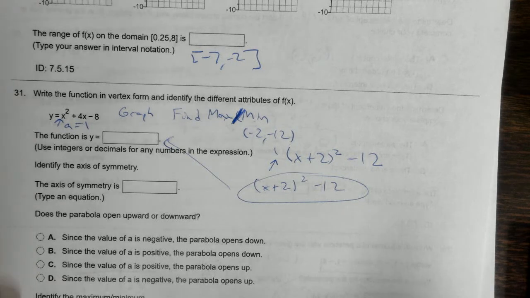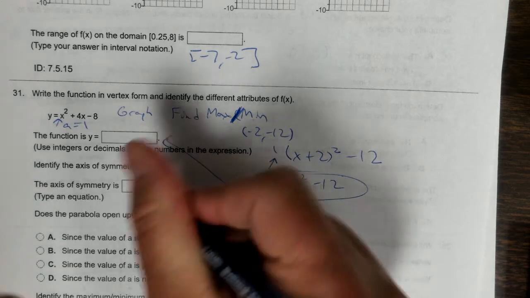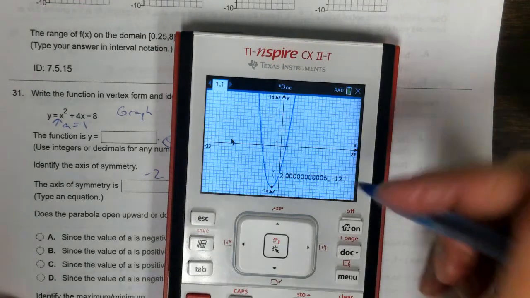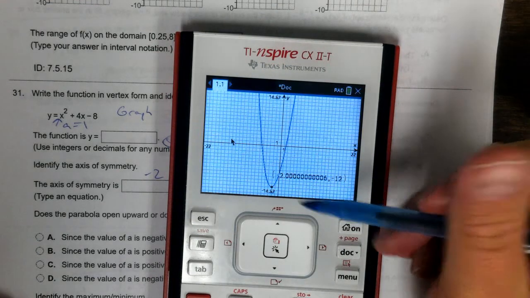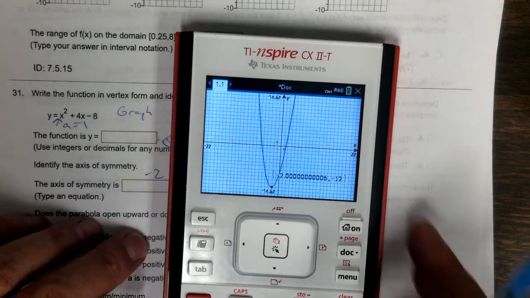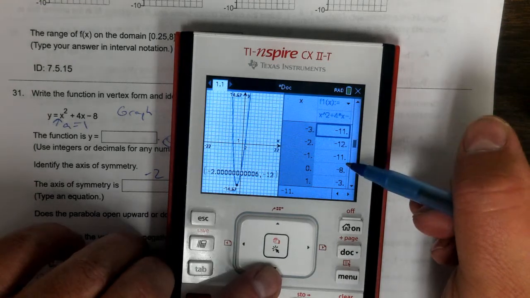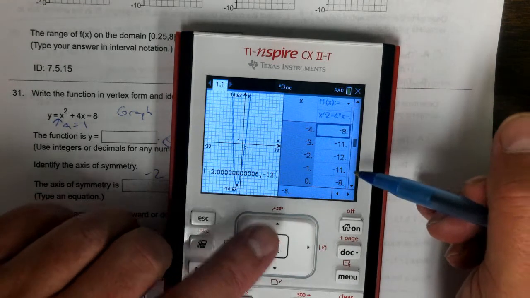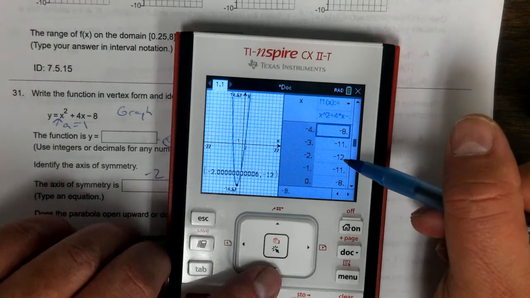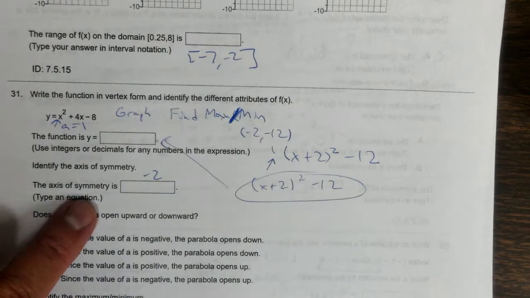Okay, and then the axis of symmetry would be the opposite number of this, which is -2, because if you look at the table, you'd see it, and if you look at the graph, it would go right down there. In your table, I see the symmetry around the negative 11s and around the negative 8s. And so negative 12 is right there. And so negative 2 would be your axis of symmetry.